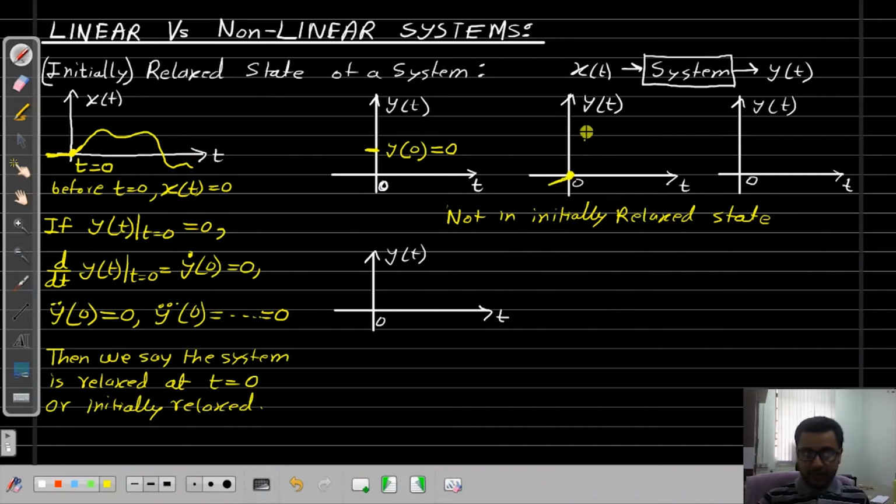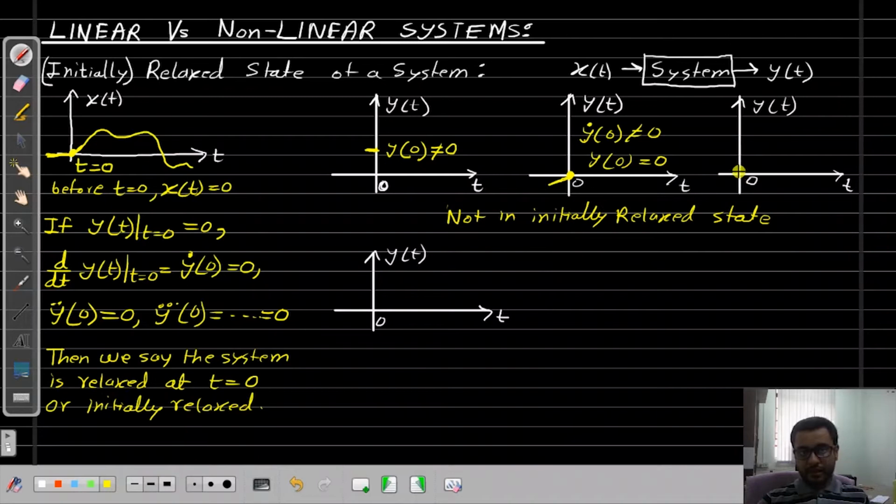So in this case y dot 0 is not 0, although y0 is equal to 0. So in this case y0 is 0, but derivative is not 0. Again, this is not initially relaxed system.